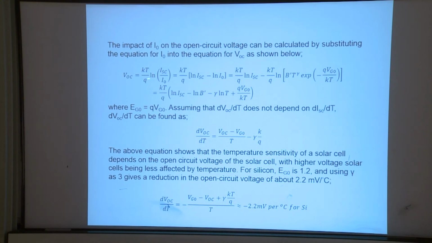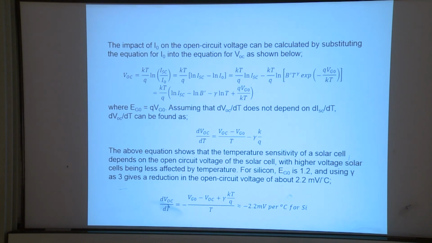VOC is the equation. Now you already know, right? I gave you just this morning. So you just plug the I0 into this, we'll be able to get VOC. So VOC will be like this term. And if we derive this by T, it will be like gradient, the coefficient dependence on temperature coefficient.